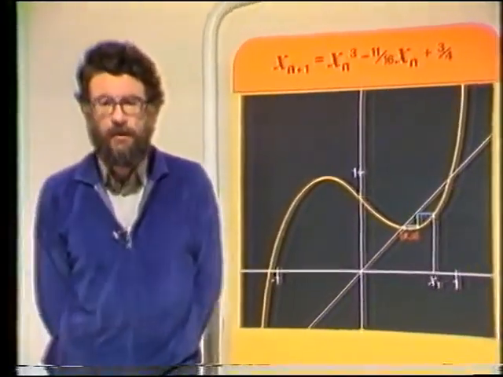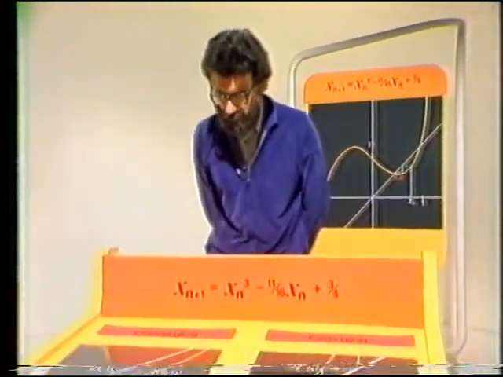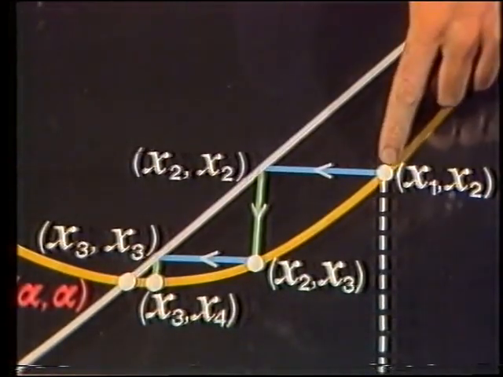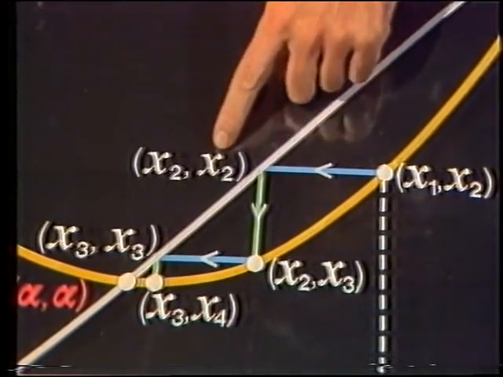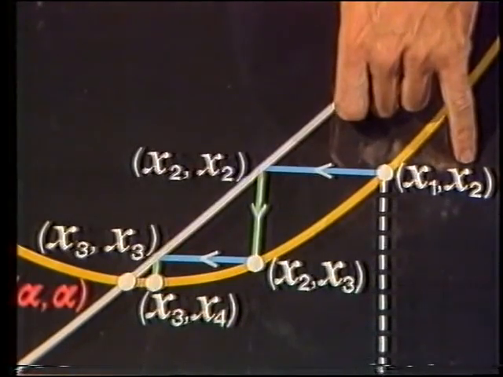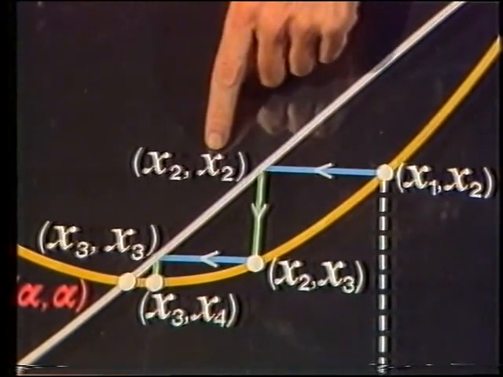Let's look at a close-up of the way the iteration staircases into the solution. From x1, x2, we move horizontally to get a point on the line y equals x. Its y-coordinate is the same as this y-coordinate. It's x2. And because it's on the line y equals x, its x-coordinate must be the same as its y-coordinate.